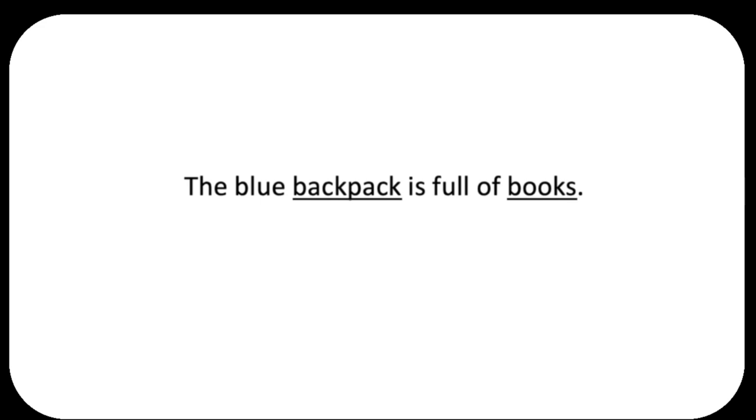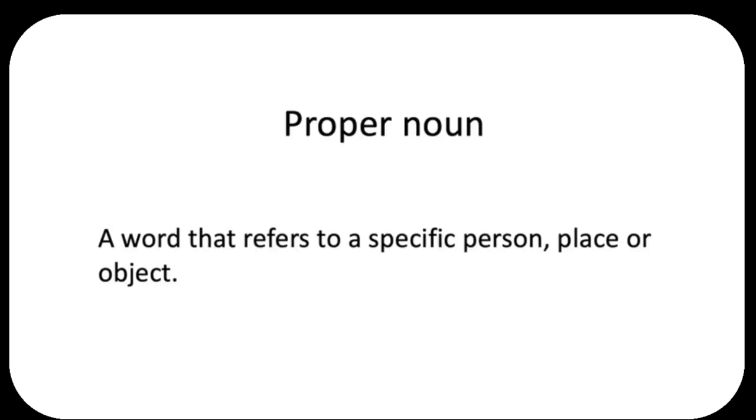Now, it's important to note that there are different types of nouns. First, we have proper nouns. A proper noun is a word that refers to a specific person, place, or object.